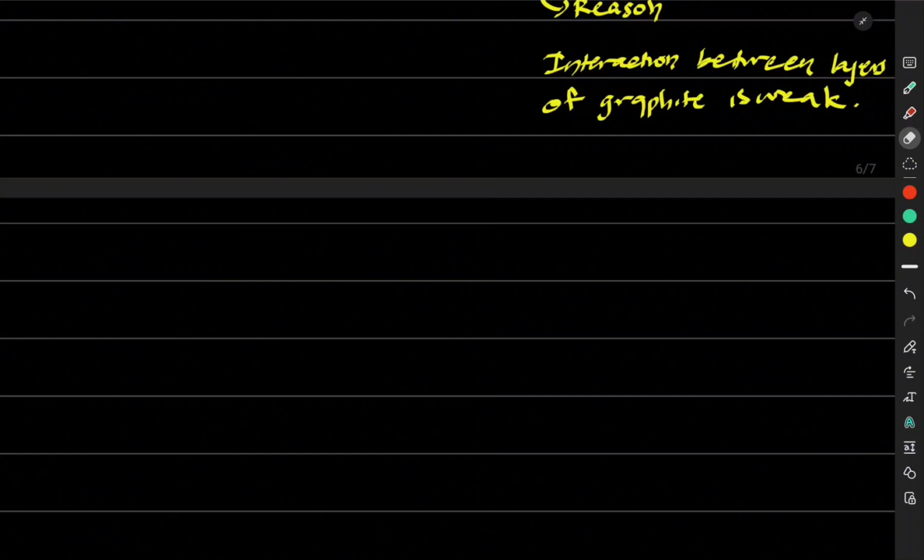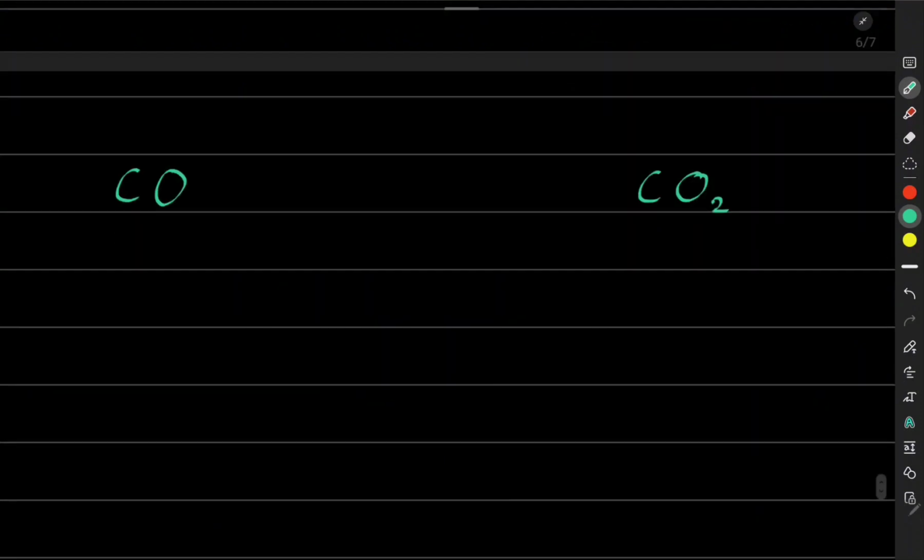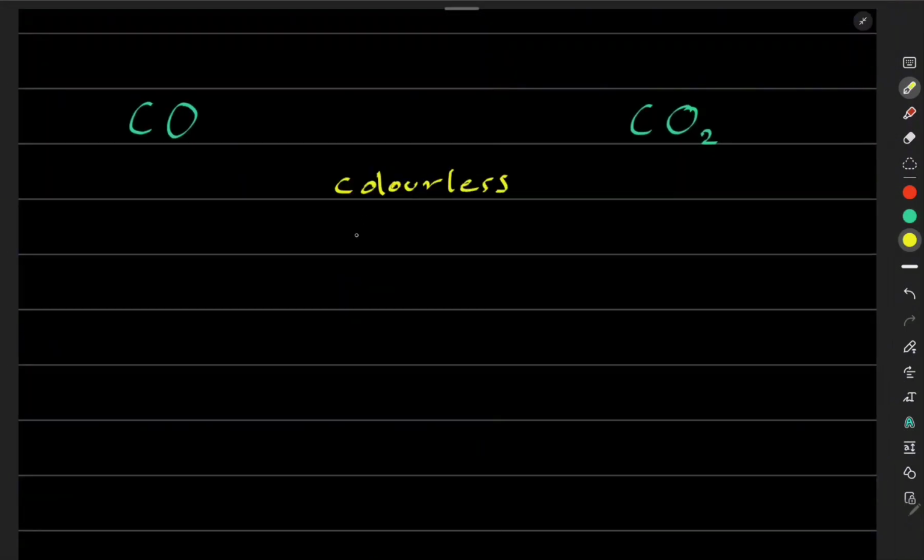Now let's talk about carbon monoxide and carbon dioxide. Both are colorless and odorless, and carbon monoxide is a poisonous gas.